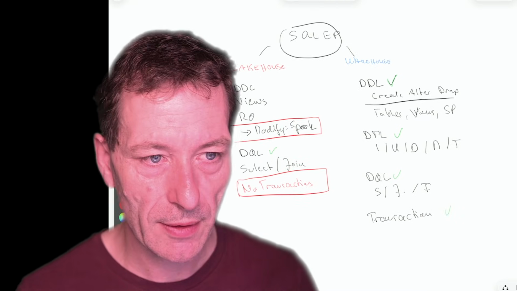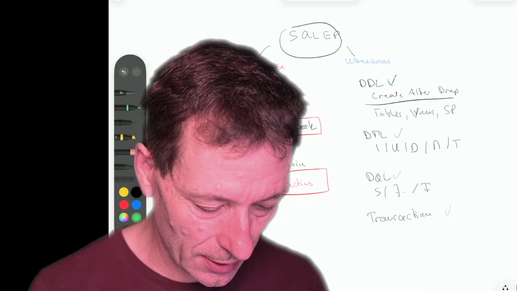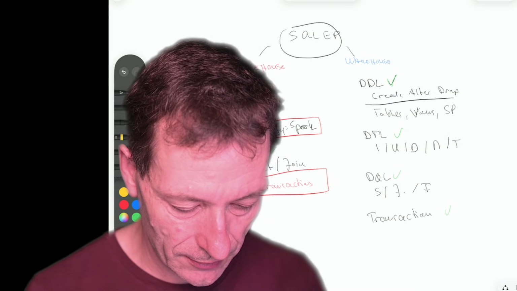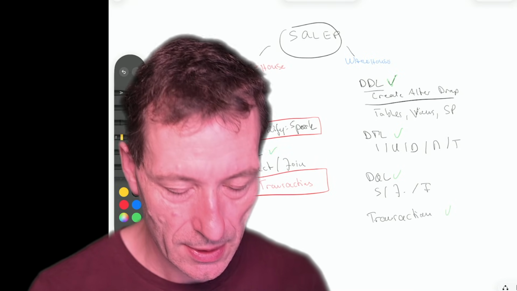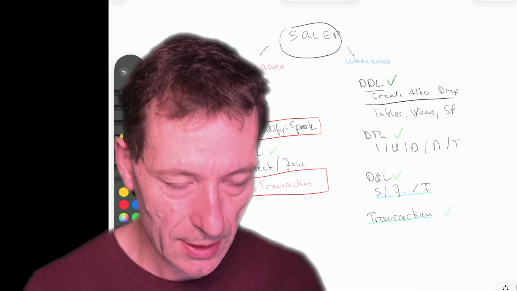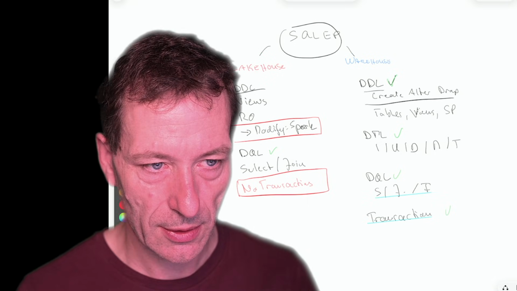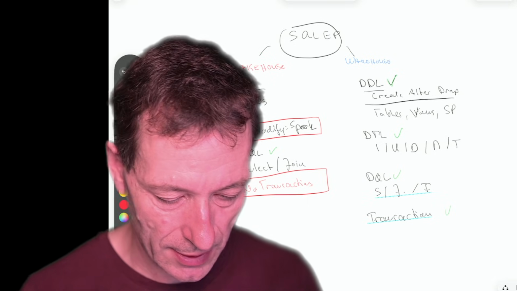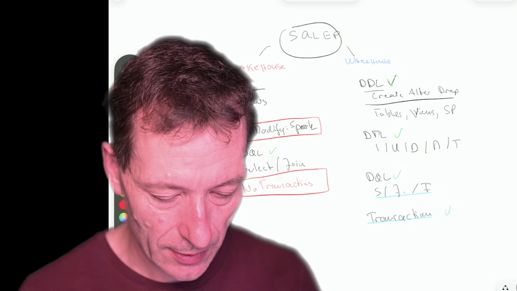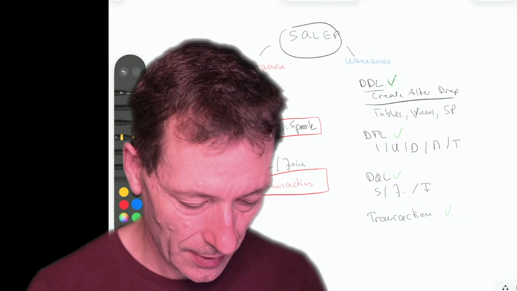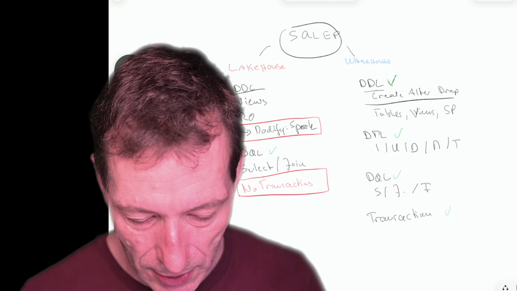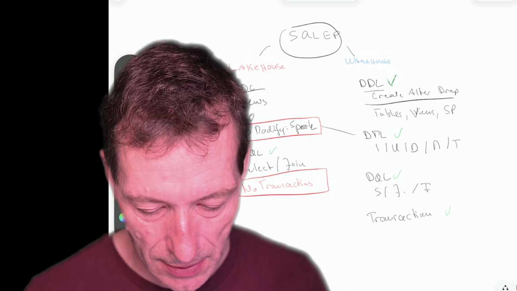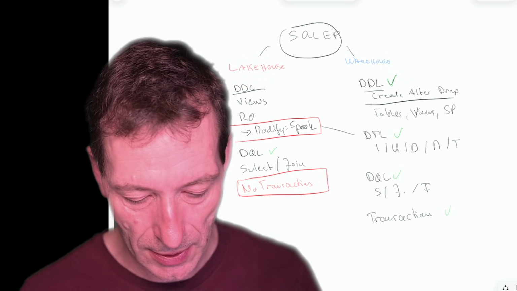So when you compare that, data definition language on the left side, you have only views, everything is read-only, and no tables, right? Because everything is sitting in OneLake. For the DML, you have only read-only, right? So no insert, update, and so on.